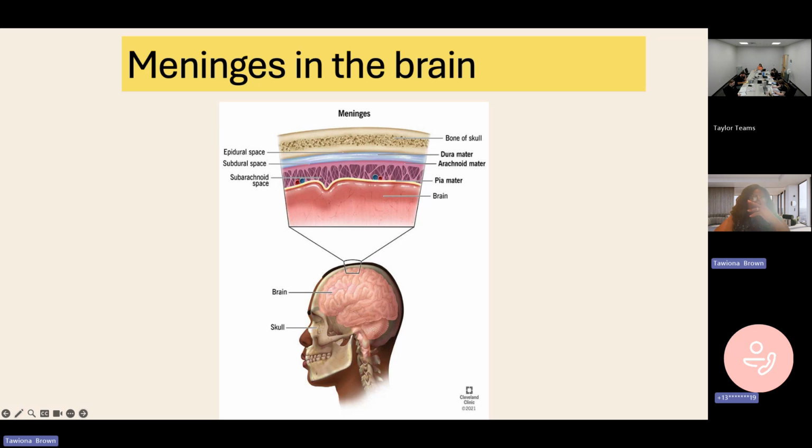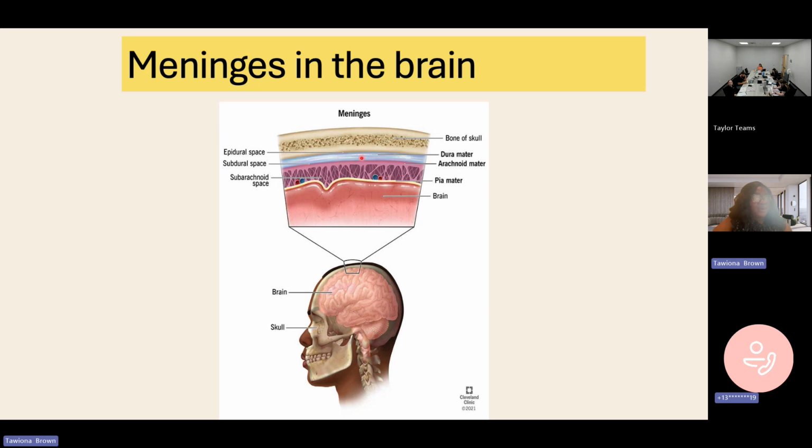Within the brain, this is how, from superficial to deep, the meninges are organized. You're going to have the bone, or your skull. Then in that sky blue or ice blue color, you have your dura mater.